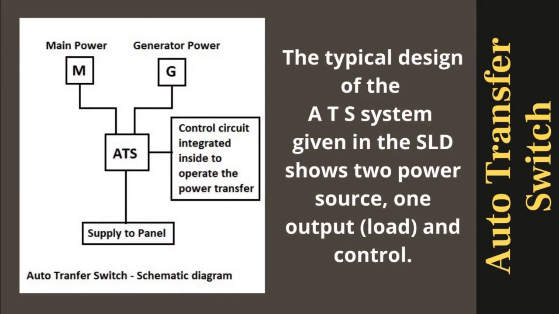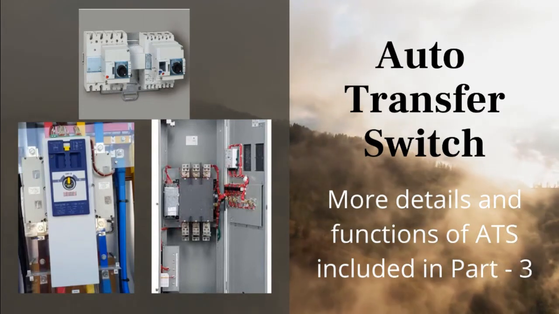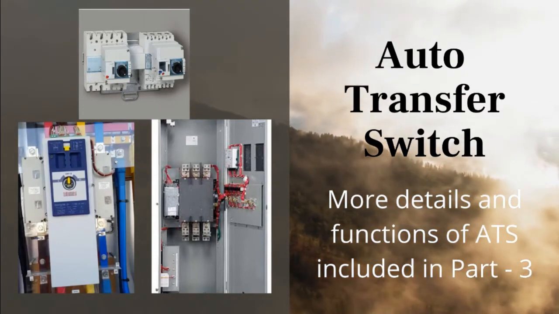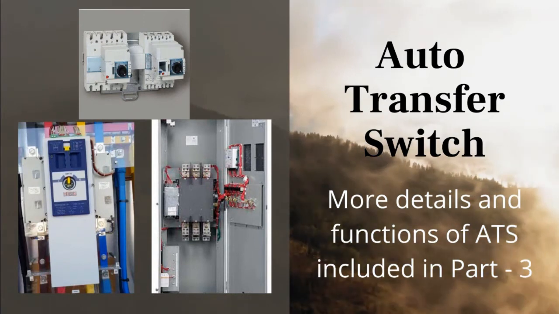The typical design of the ATS system given in the SLD shows two power sources, one output, and control. More details and functions of ATS are included in Part 3.